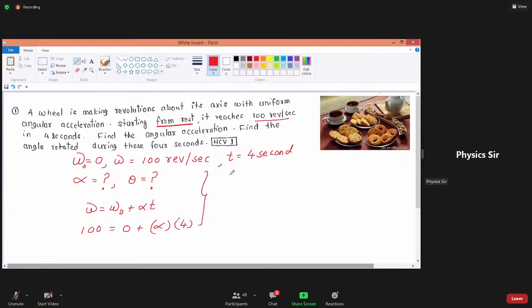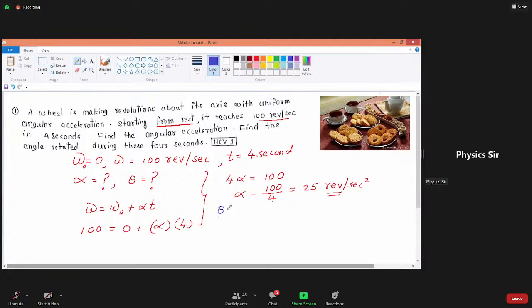So I can say this 4 alpha it is equal to 100. Therefore alpha will be 100 by 4, and 100 by 4 it is 25 revolutions per second square. Then after this I can proceed ahead.